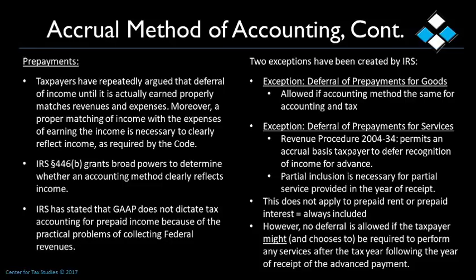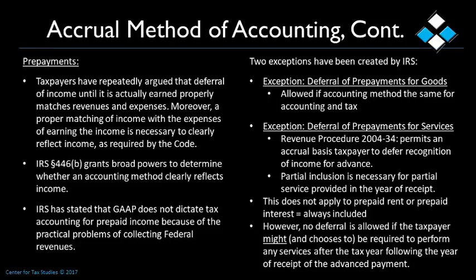And these practical problems are that generally accepted accounting principles want to reflect income in a way that it doesn't harm potential investors, and so they state that it's better to underestimate income rather than overestimate income for protecting investors. However, the IRS wants to be paid, the government wants to be paid, and so if you're underestimating your income to protect your investors, you're not paying the tax that is properly owed.